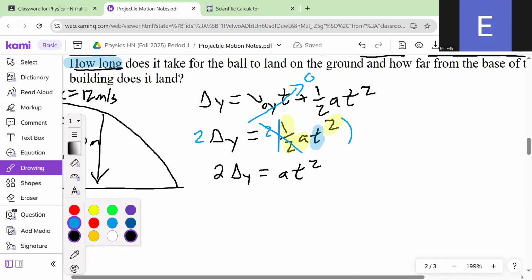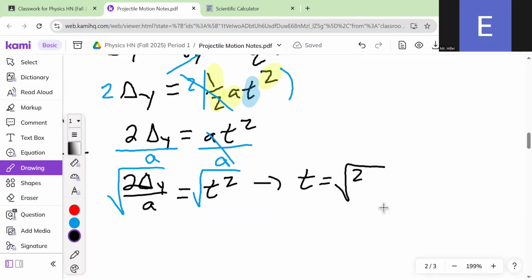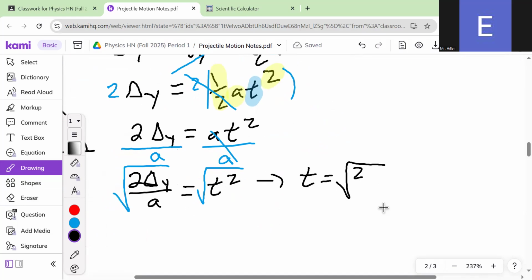To get rid of the a, we can divide both sides by a, and I get 2 delta y divided by a equals t squared. The last step to get t by itself would be square root both sides. Now, if you remember, this is the same equation we used to calculate your reaction time for your reaction time lab, dropping the ruler through your hand. Same equation.